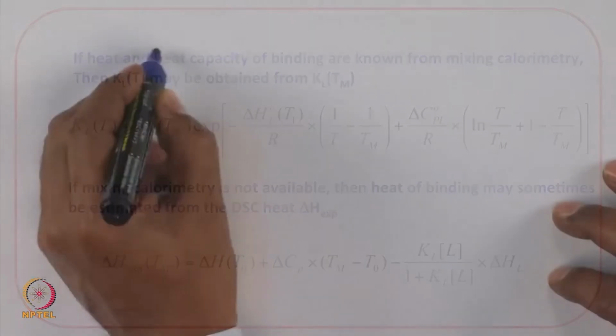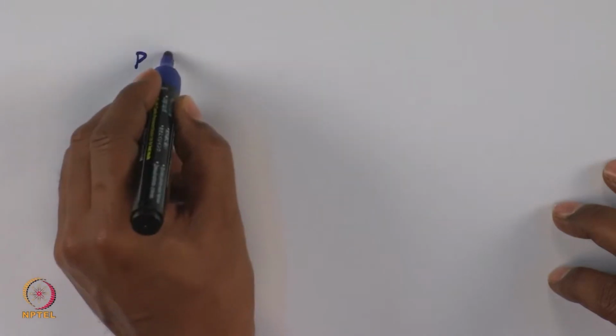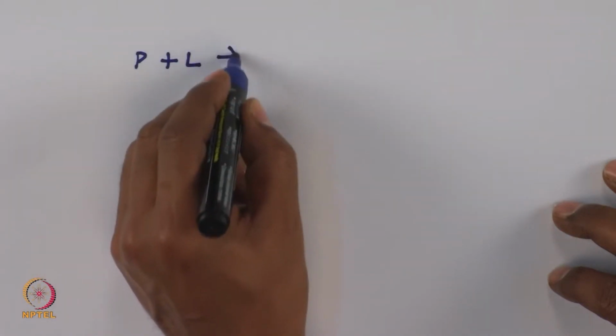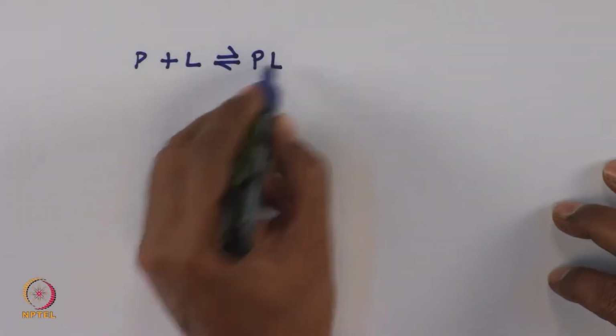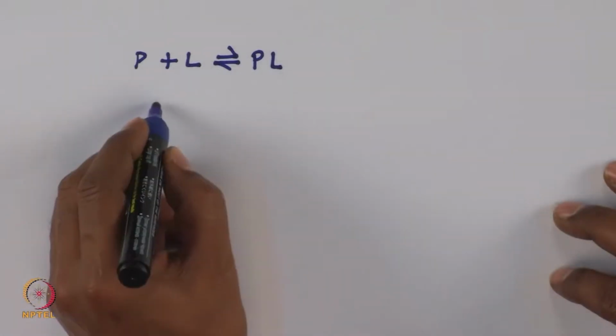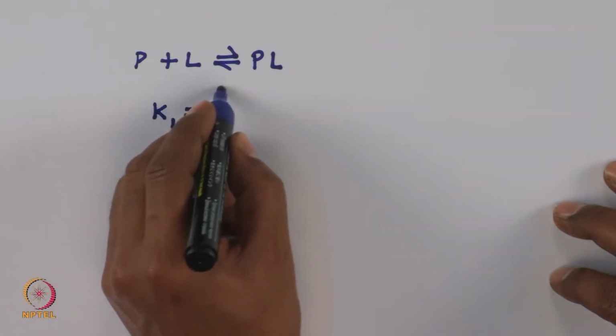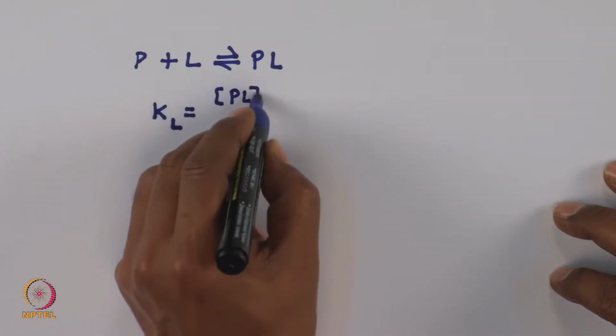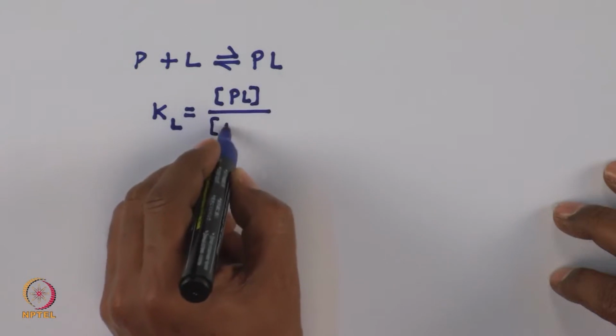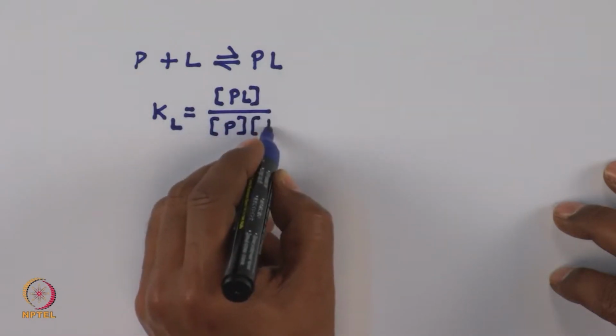We have P plus L forming PL, and KL is equal to concentration of PL divided by concentration of P into concentration of L.